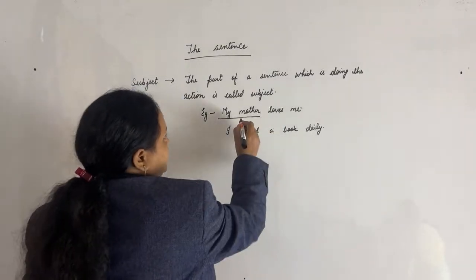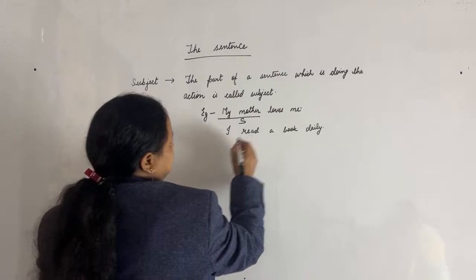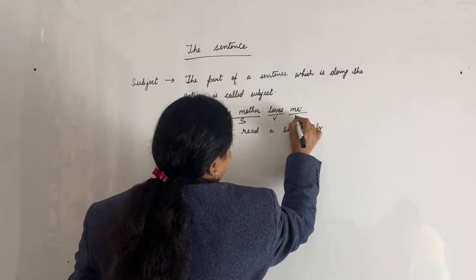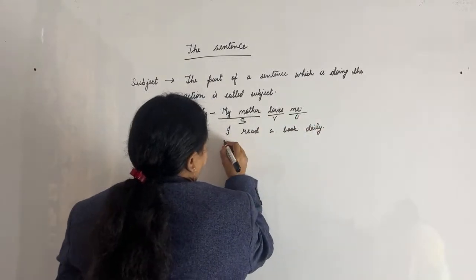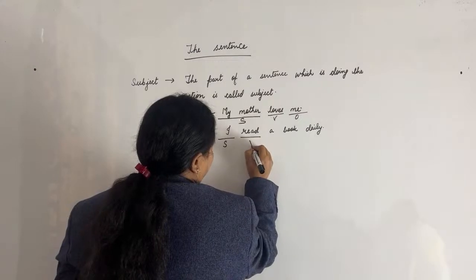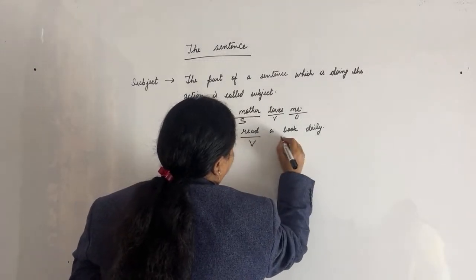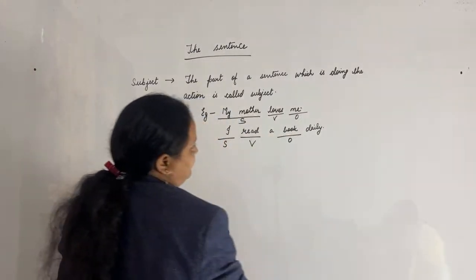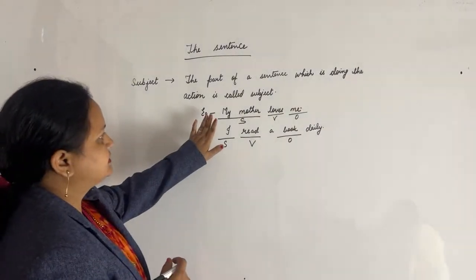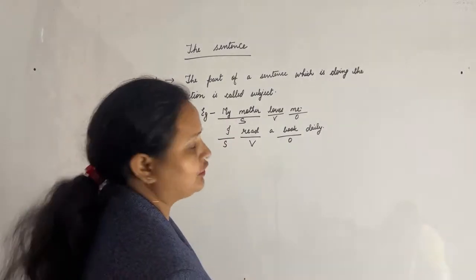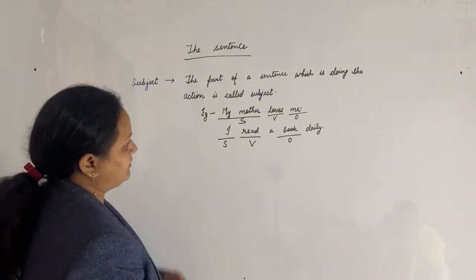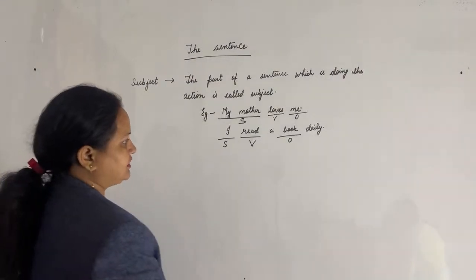So this is the subject, this is the verb, and this is the object. Now here, I is the subject, this is the verb, and what are we reading? Book. This is the object. So now you can see that the subject is the part of a sentence which is doing the action. We will see some more examples and you will try to solve.